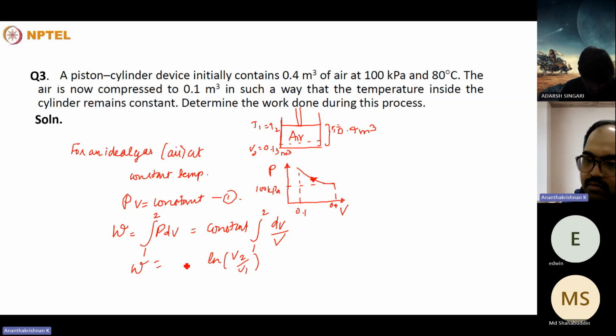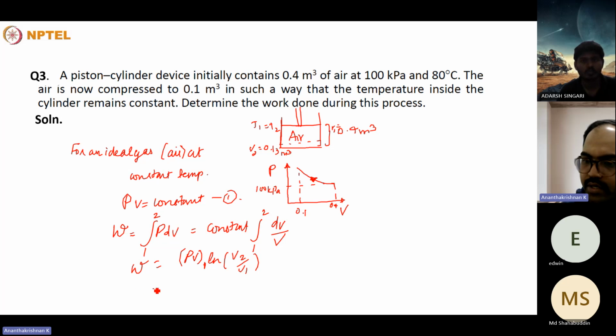The constant that comes outside is PV, which is equal to PV. We can take PV at the first point or the second point. Since we know the pressure and the volume at the first state point, we can write it as PV1 ln of V2 by V1.